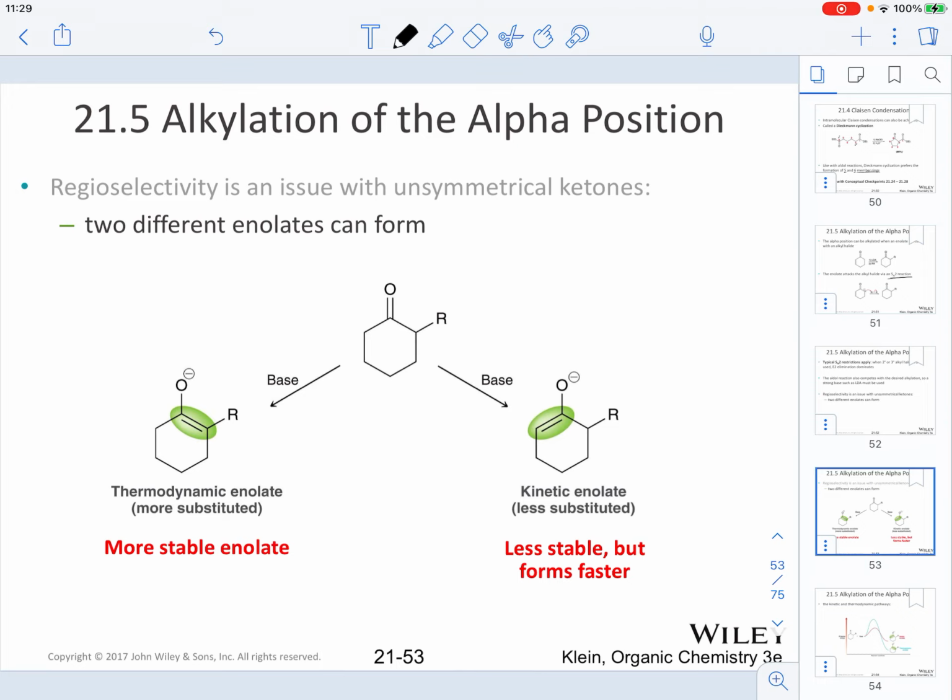The one on the left side is the thermodynamically most stable enolate, because the carbon-carbon double bond that is part of the enolate system is more substituted than in the molecule on the right side. It is interesting to note that the one on the right side, even though it is formed faster, is actually less stable.